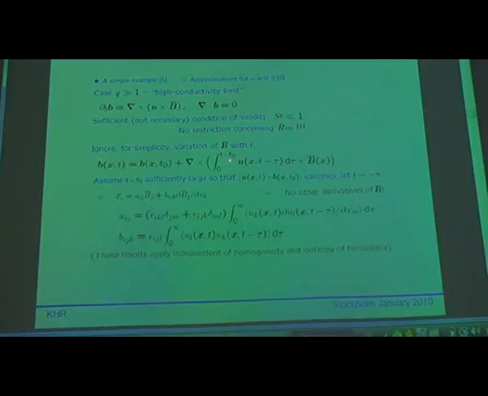We ignore, just for simplicity, any time dependence of B bar, and so we can then write the solution of this equation in this way. This is again the initial condition, and this is the other solution.